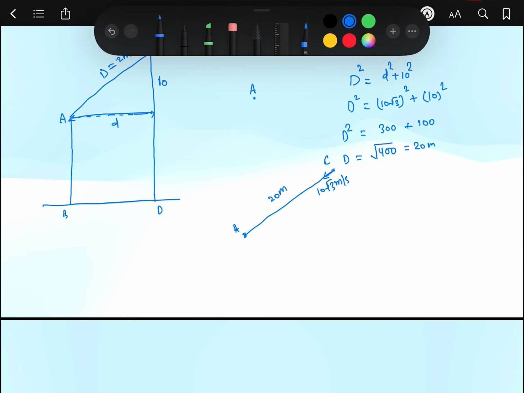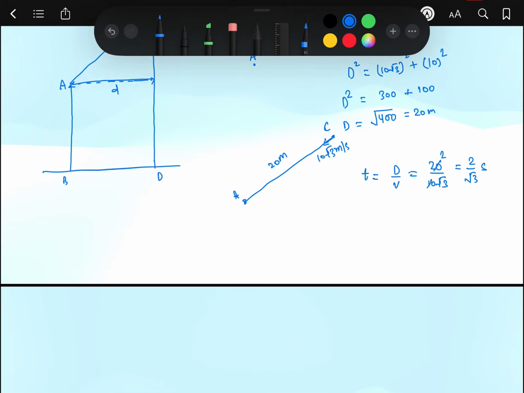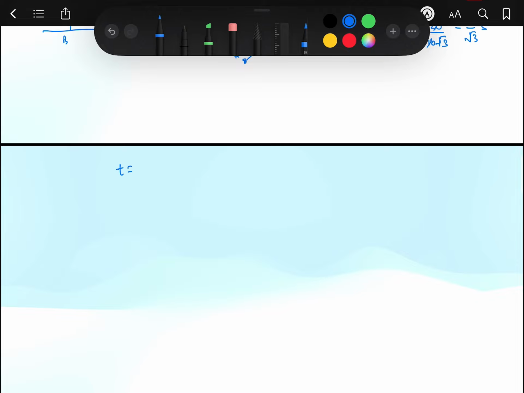So the time taken by particle C to meet particle A is distance by speed, that is 20 meter divided by 10 root 3. So our time will be equal to 2 by root 3 seconds. So in this time, 2 by root 3 seconds, both of the particles will meet.